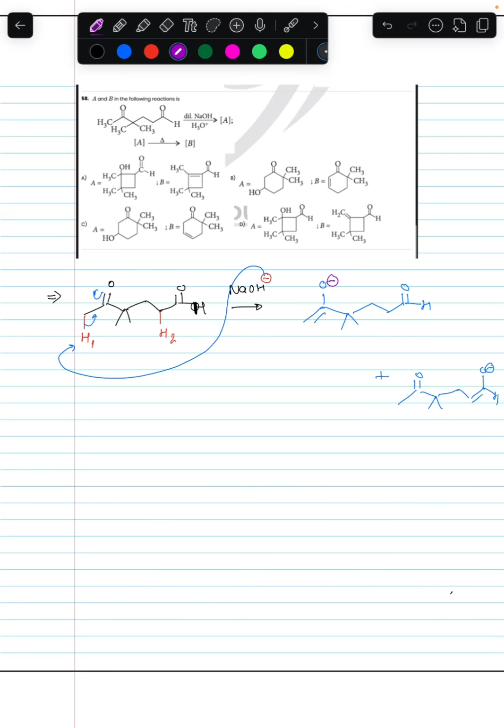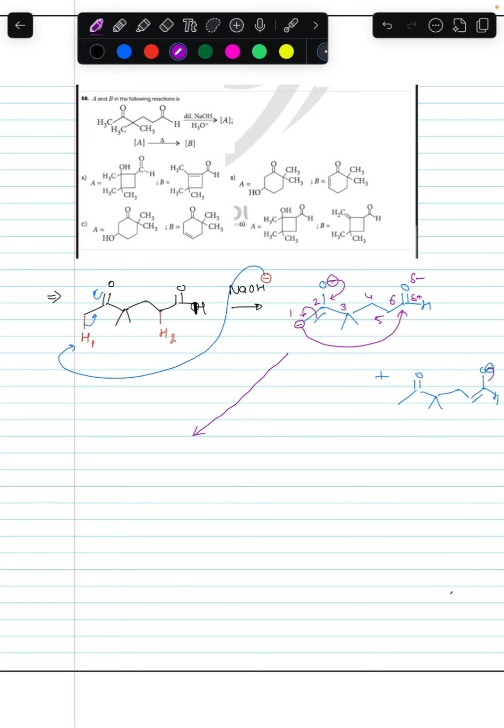Now if this negative charge comes back again, it will shift to the carbon atom, and now this carbon attacks intramolecularly on this electrophilic center because oxygen is delta minus, carbon is delta plus. So here 1, 2, 3, 4, 5, 6, a six-membered ring is formed.